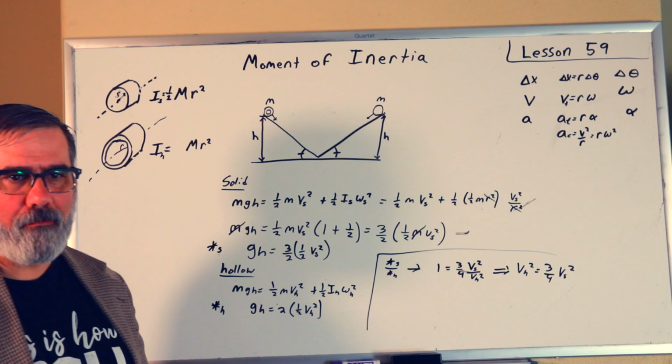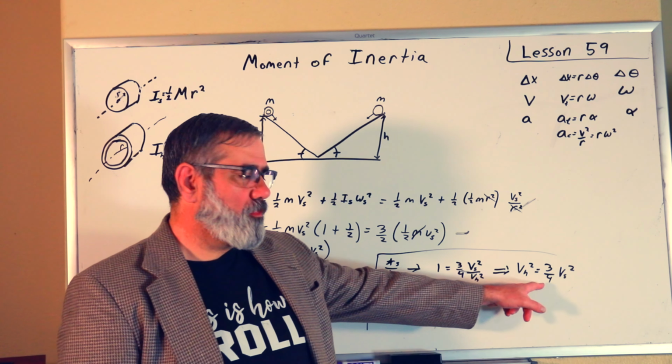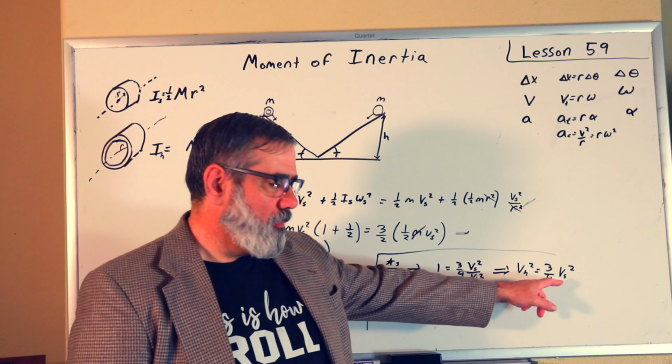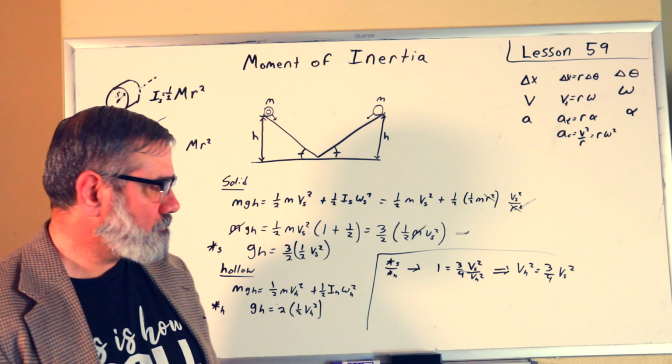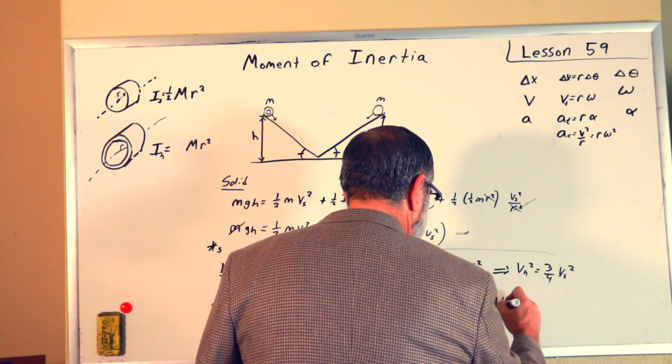So which one is faster? v_s, because v_h is only 3/4. Really, v_h is the square root of 3 over 2 times the velocity v_s. So this says that v_s is greater than v_h.